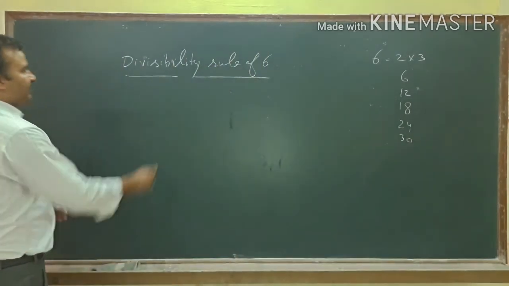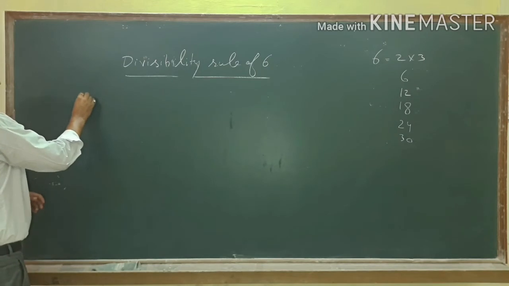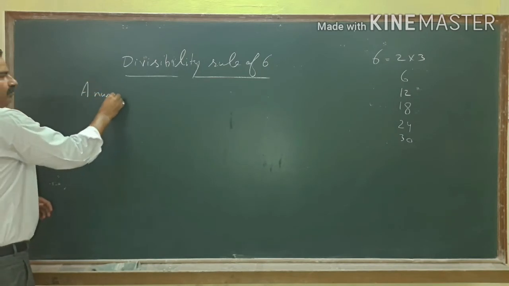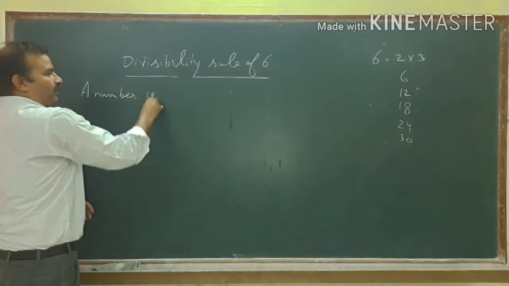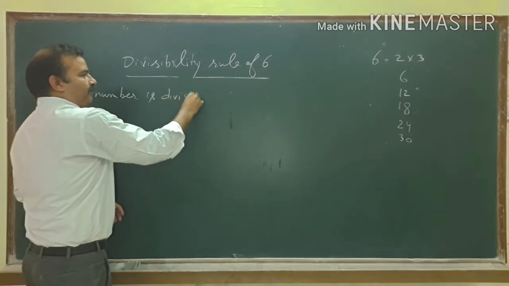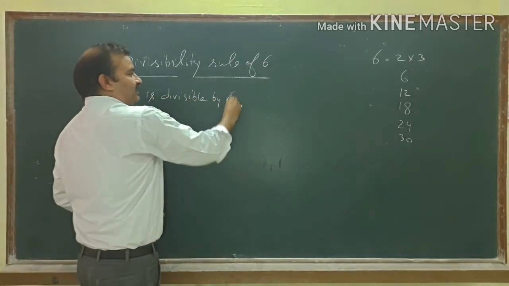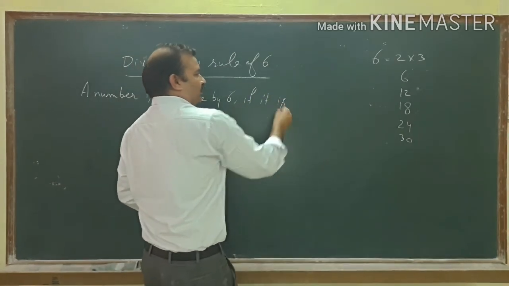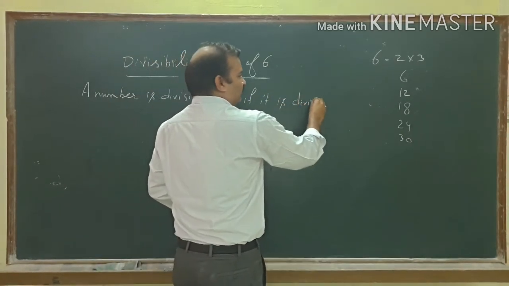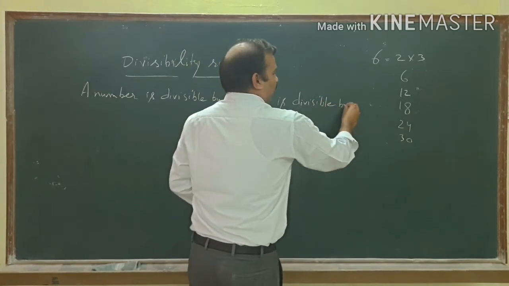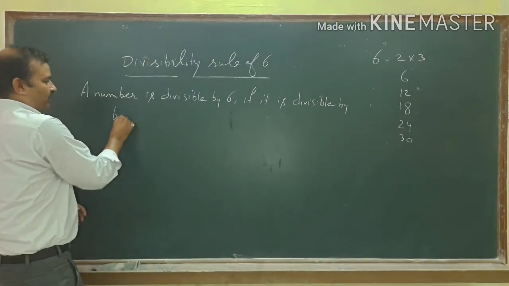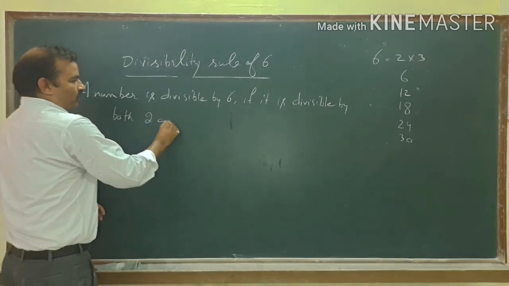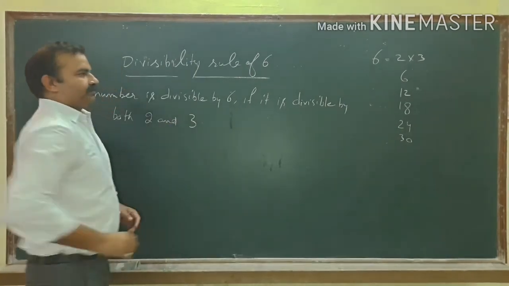So what's the divisibility rule of 6? A number is divisible by 6 if it is divisible by both 2 and 3.